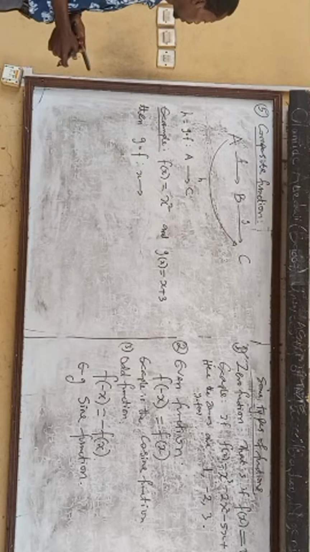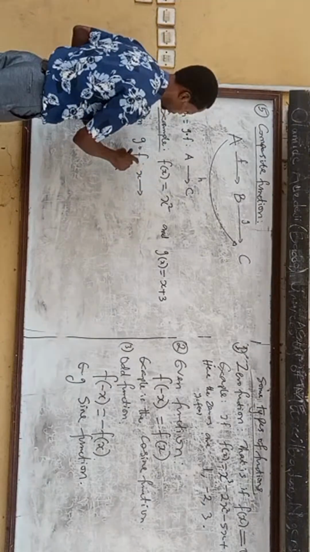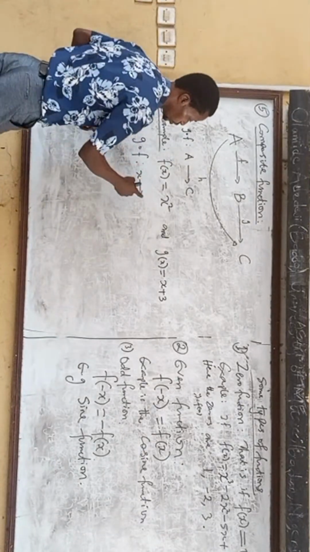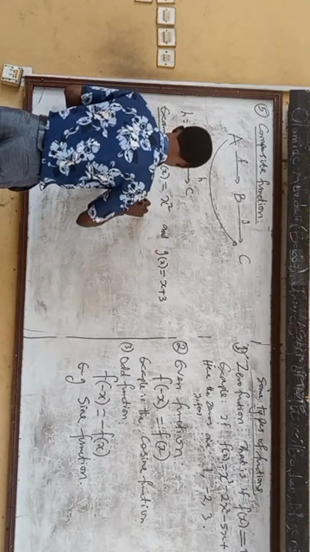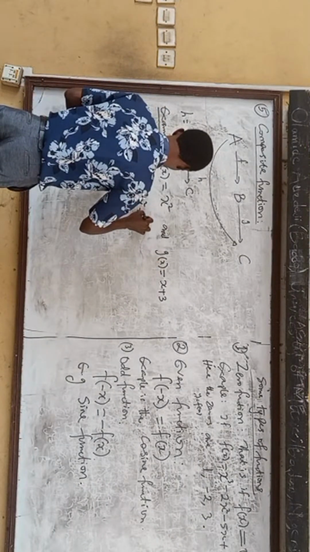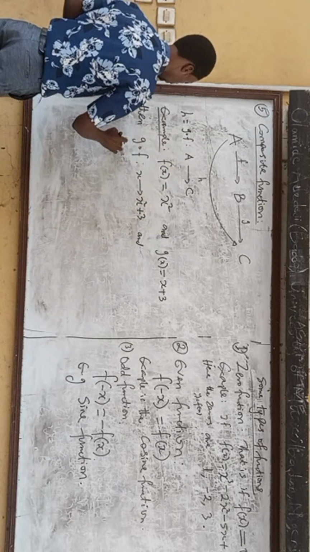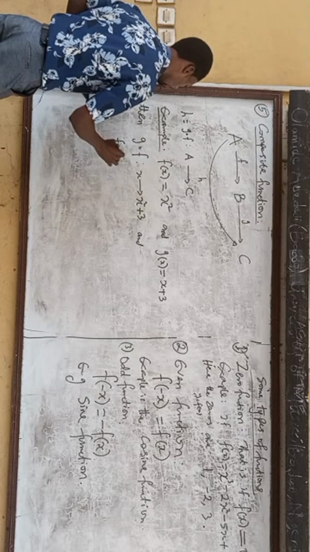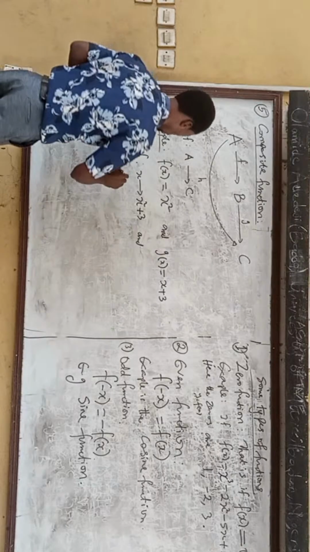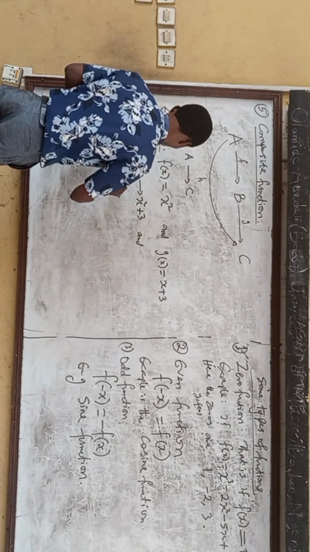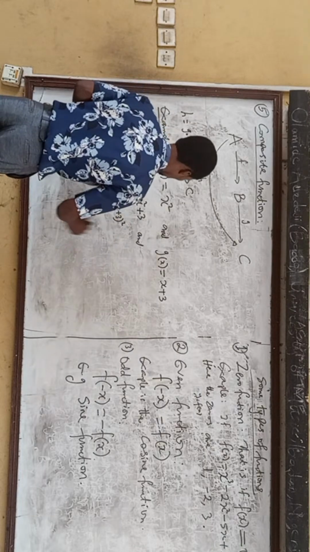Are we together? g compose f will compose these two functions together, so that you are going to have x squared plus 3. And you can also have f compose g. This will take x to x plus 3 squared.